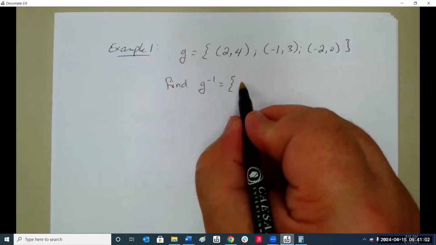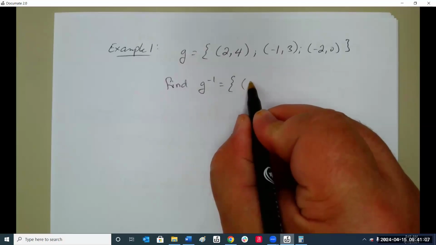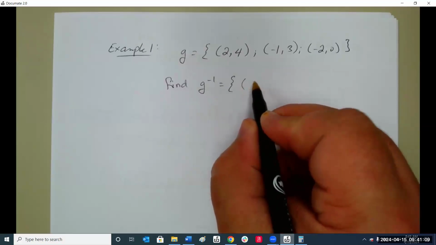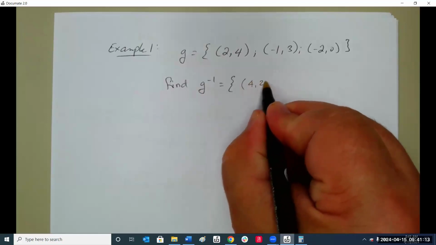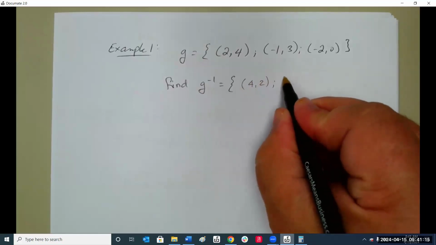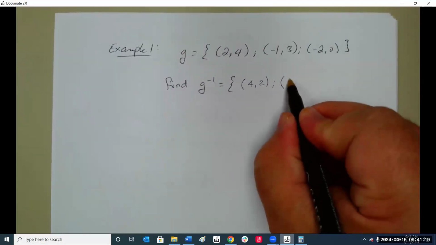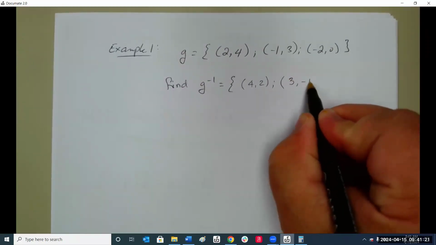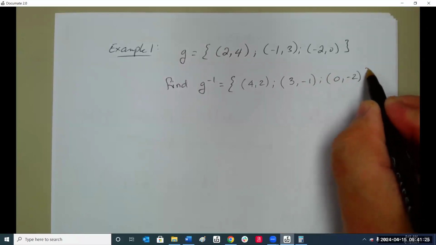Let's see. So what's the inverse going to be? It's going to be what? You asking or telling? Yes, so switch X and Y. And the next one's going to be (3, -1), (0, -2).